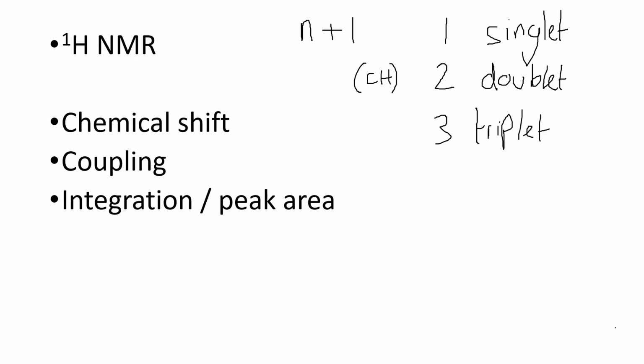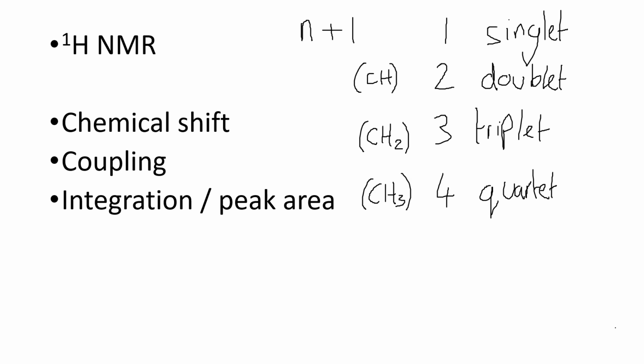And that means n must be 2, which means it's next to a CH2 group. If n plus 1 equals 4, we call it a quartet. And that means n must be 3, so it's next to a CH3 group.